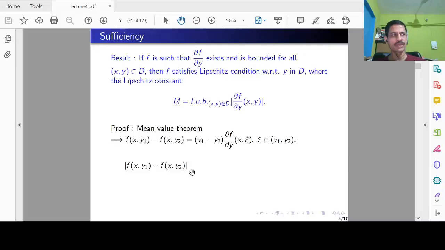Then modulus of f(x, y1) minus f(x, y2) is equal to modulus of y1 minus y2 times the modulus of del f by del y evaluated at x comma xi, and this is less than or equal to modulus of y1 minus y2 times LUB, where x, y vary over D, of modulus of del f by del y evaluated at x comma y.